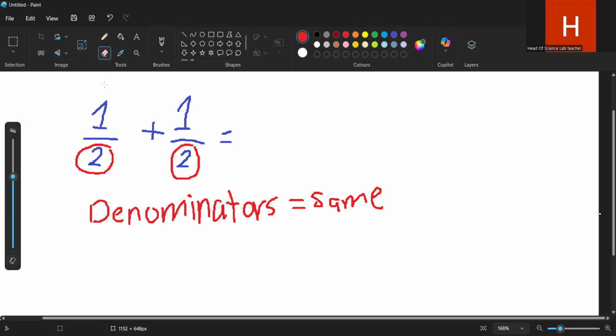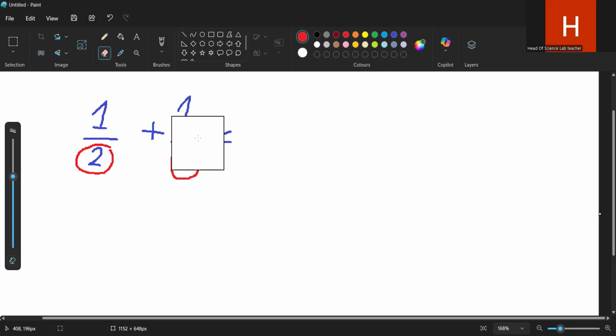However, let's change this. Say we had a half, 1 over 2, plus a third, 1 over 3.